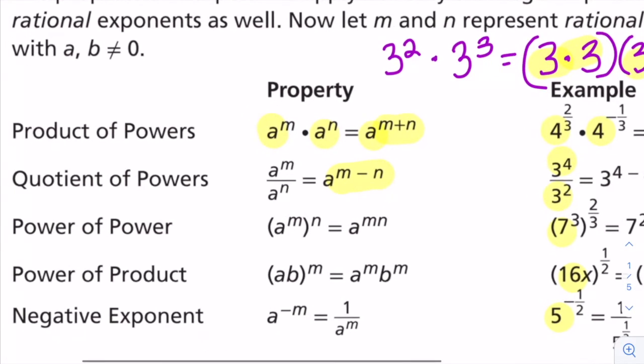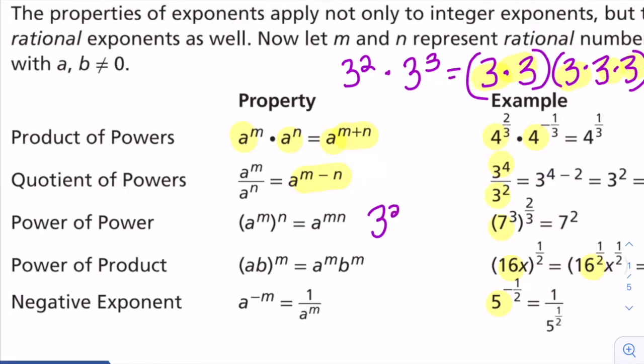With the power property, we have 3 squared cubed. Well, we're going to have 3 of those 3 squareds. So that'll be 3 to the 6th, multiplying those numbers. And I just want to go over the example. So multiplying here, you can multiply 3 by 2/3 and just get 7 squared. We can use that power property to distribute a product.